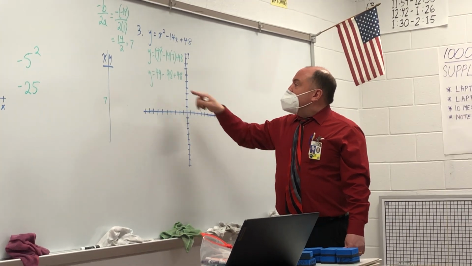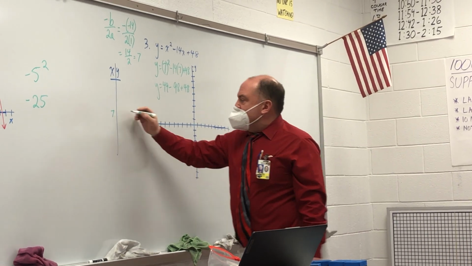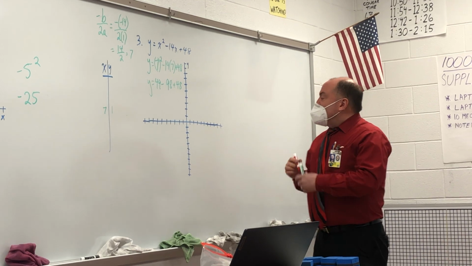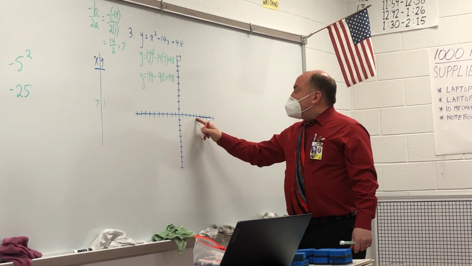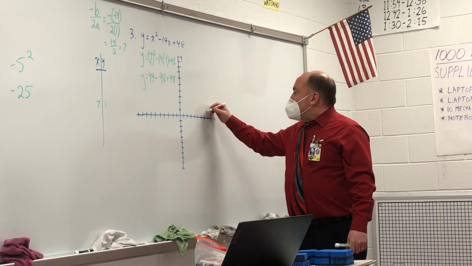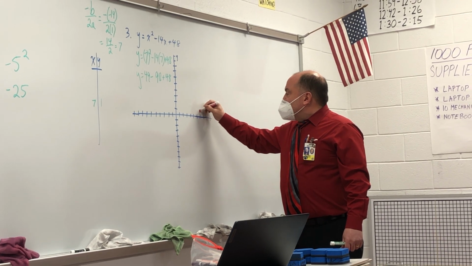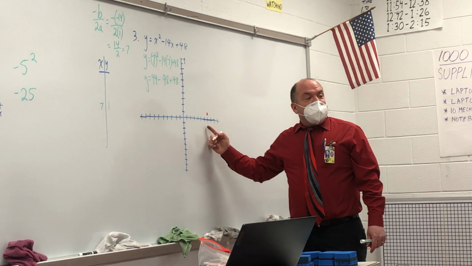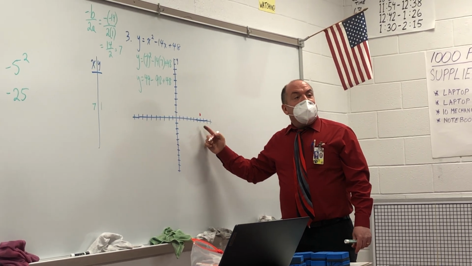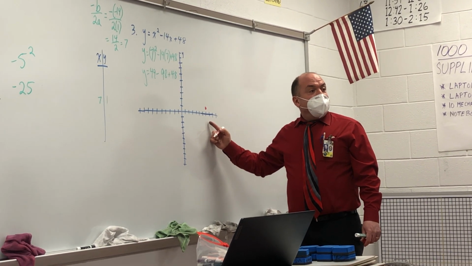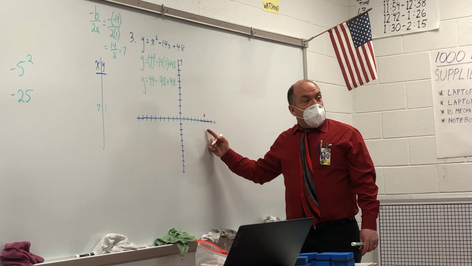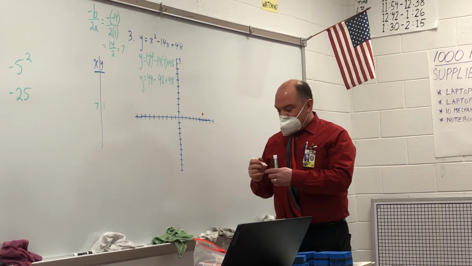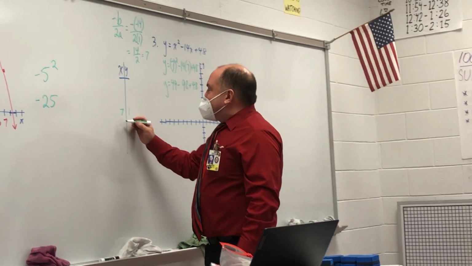Negative 49 plus 48 is 1. So I'm going to plot 1, 2, 3, 4, 5, 6, 7, 1. Now that I've plotted 7, guess what I'm going to do next? Go right one, which is 8. So I'm going to do 8 next.